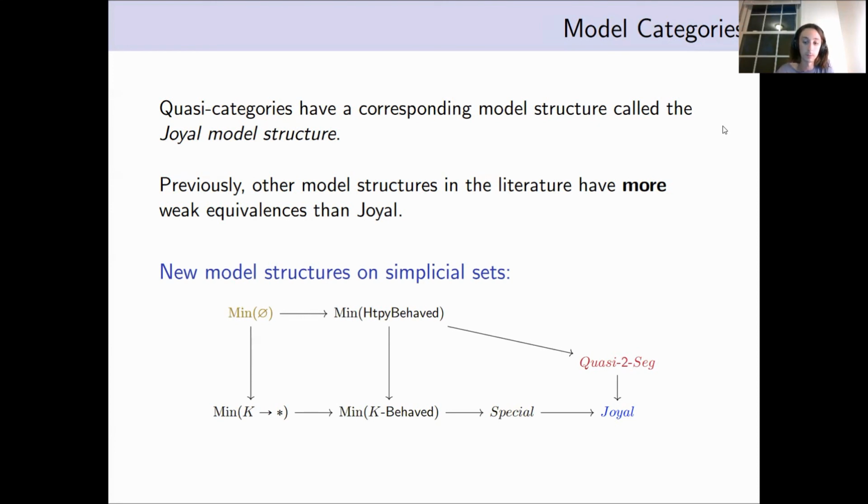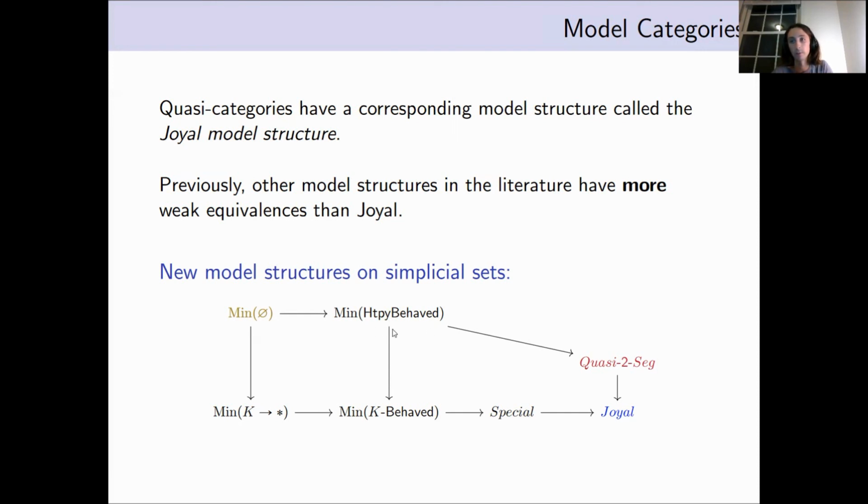And in a paper that's going to be on the arXiv pretty soon, I map out this situation, minus the quasi-2-Segal part. That's going to be later. So in particular, I identify this minimal homotopically behaved model structure.